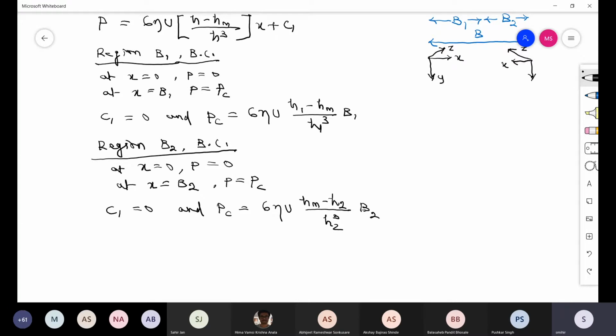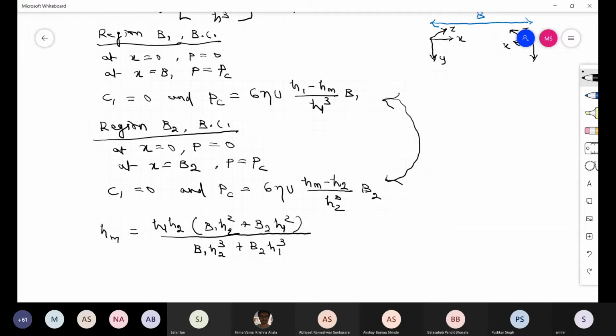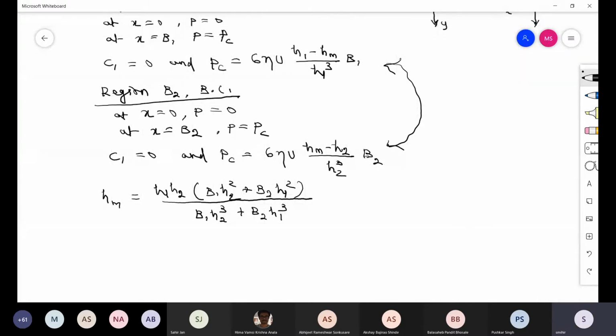From these two equations, you equate these two together, then you'll find out Hm. Okay, so this is the value of Hm.